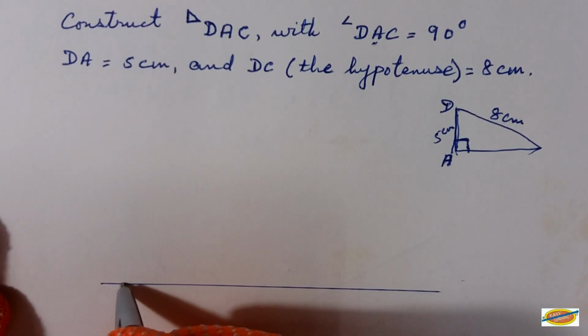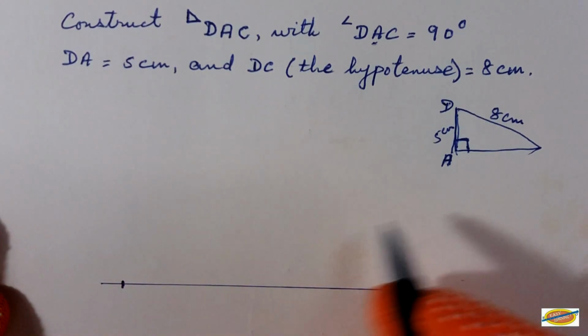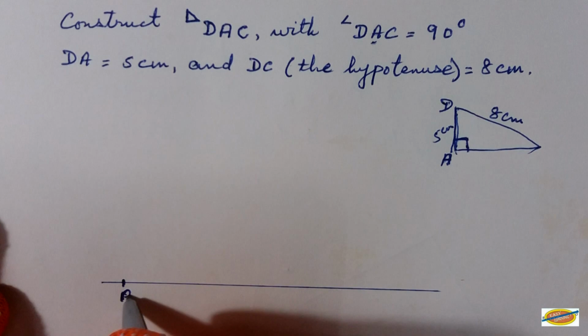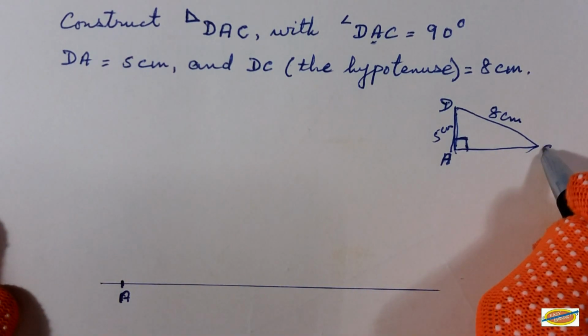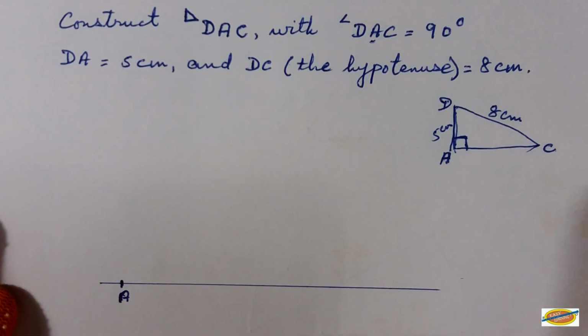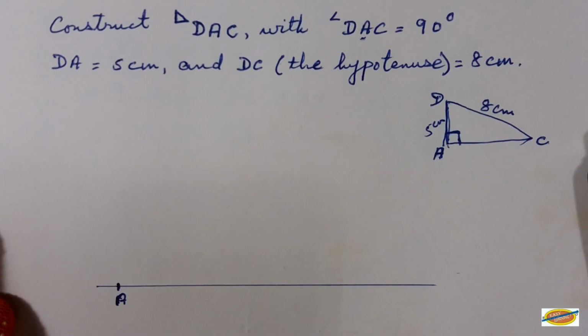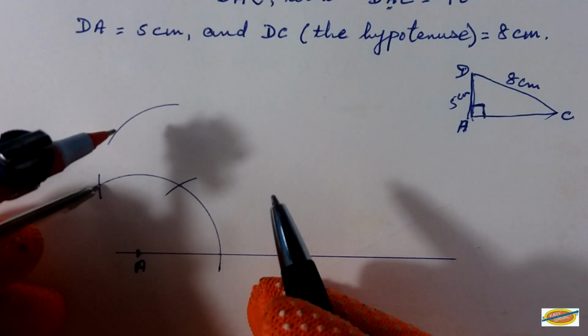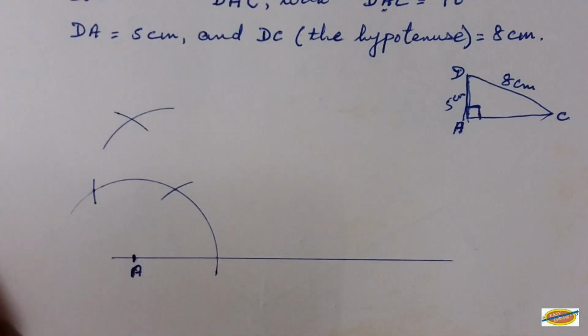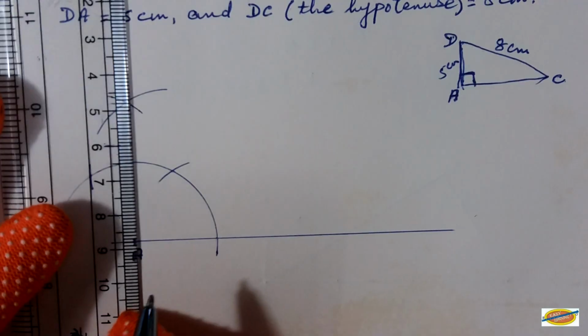Locate a point to the side here, and let's call that A. By the way, this is C. At this point, we will construct an angle of 90 degrees. And this will give us 90.